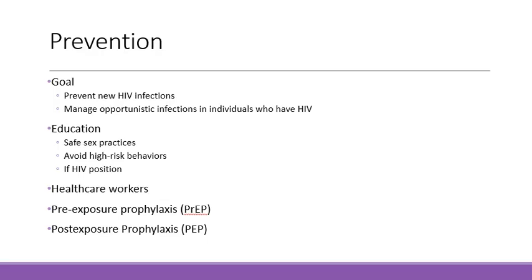Post-exposure prophylaxis, or PEP, is used to prevent HIV after a possible exposure. You may be most familiar with this as if a healthcare worker has maybe an accidental needle stick. So they may have been exposed to HIV through needle sticks or contact with fluid, or this could be adults who experience high-risk exposure from HIV.